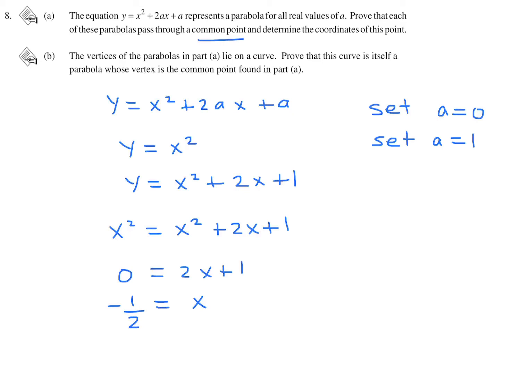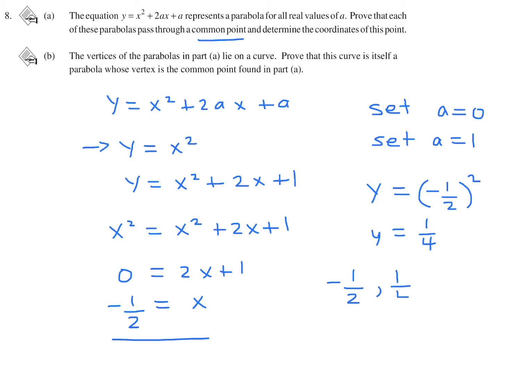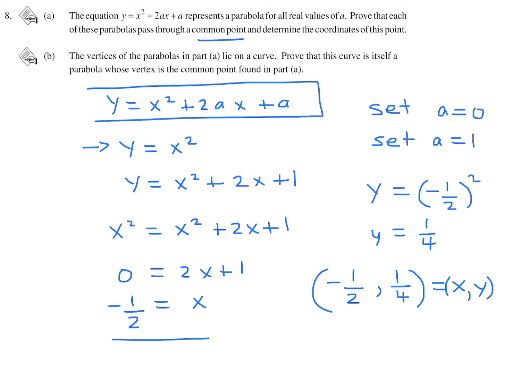Now to get our y coordinate, we can plug x equal to negative a half back into any of these. So negative a half squared gives us 1/4. So this point, negative 1/2, a quarter, is common to all parabolas of this form, no matter what a is, for all real values of a.